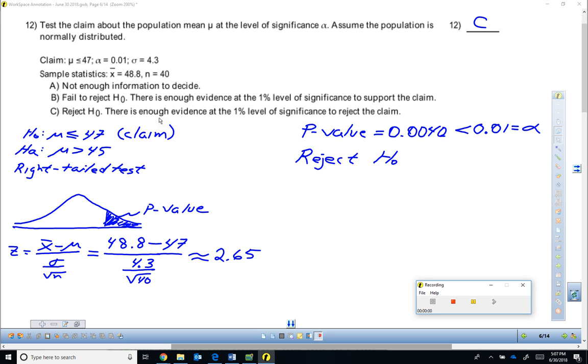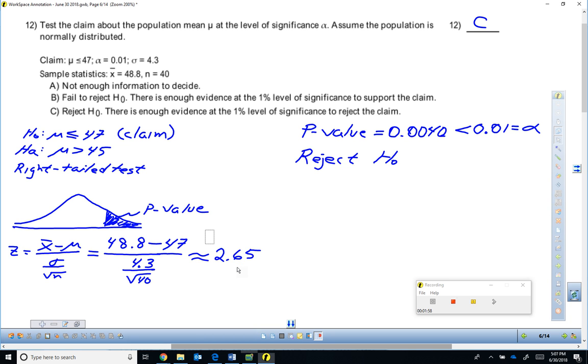Plugging in the numbers, the mean of the sample is 48.8, the mean of the population is 47, and we divide this by the standard deviation of the population, which is 4.3, and this divided by the square root of the sample size, which is 40. This is the size of the sample. Using the calculator, we find this number rounded to 2 decimal places is going to be 2.65.